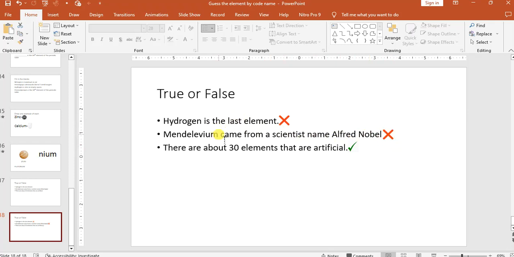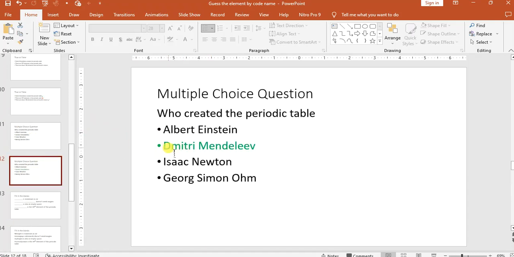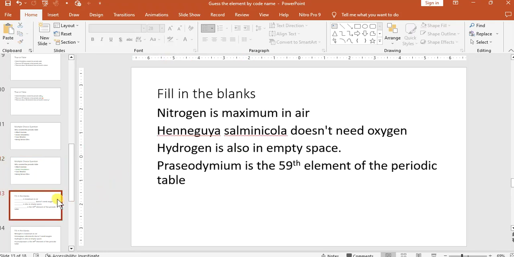And Mendelevium came from the scientist's name, which I will give you a clue: this scientist created the periodic table. That's right! It's this guy, Dmitri Mendeleev.